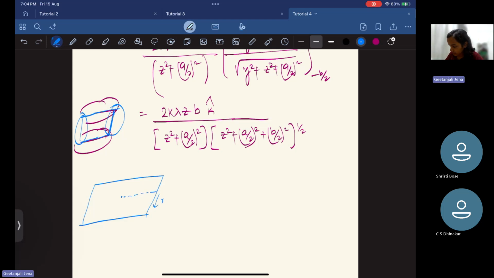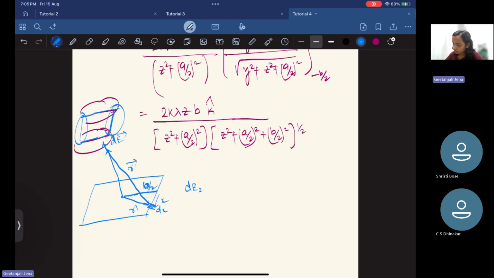Let us say in x direction, you have a dx length here. And because of this dx, you are seeing an electric field here as dE. This is R, this is R prime, and this is A by 2. Not A by 2, this will be B by 2, right? This is B by 2.